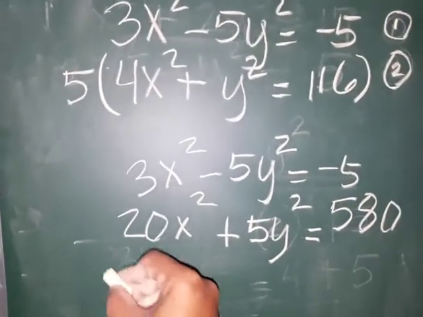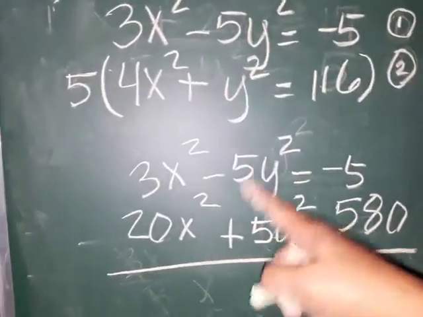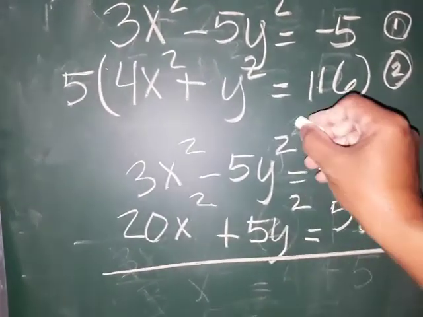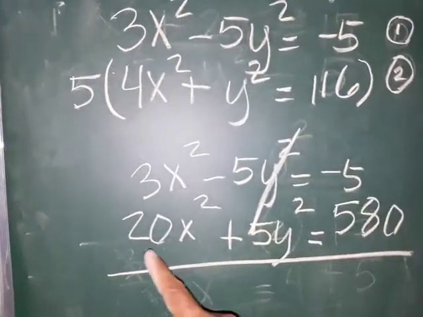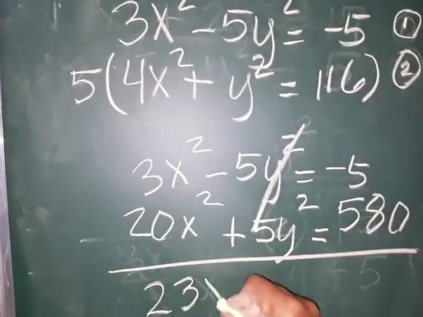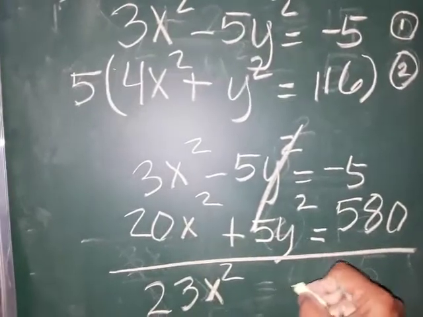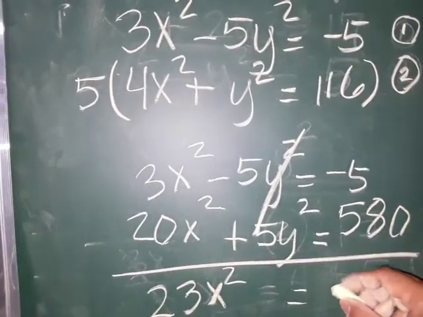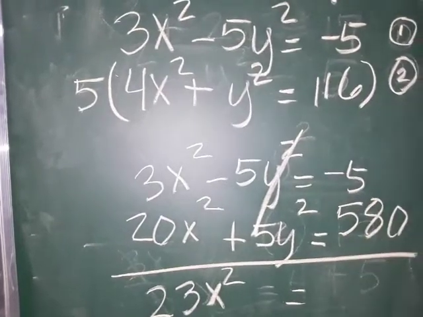Okay, next, add. So since they are the same with unlike sign, so cancel. Then 20 plus 3, 23x squared is equal to 580 minus 5. They are unlike signs, so subtract.